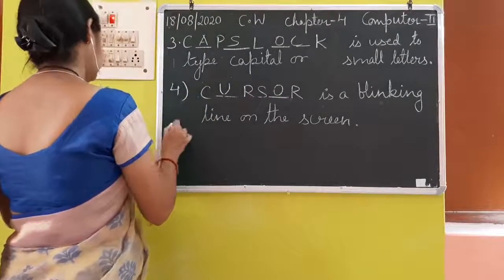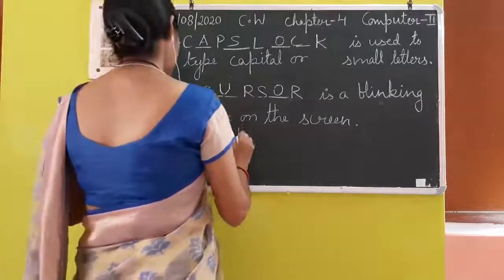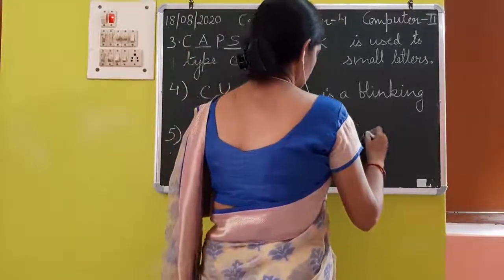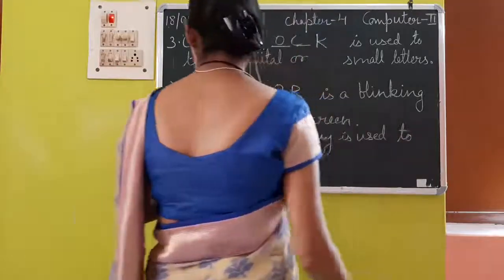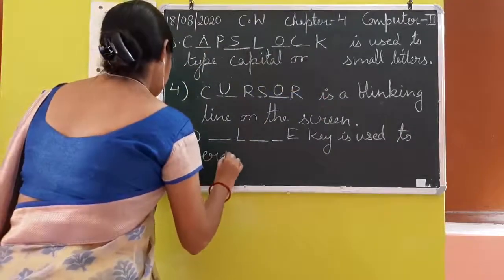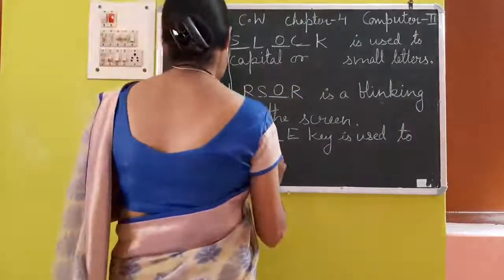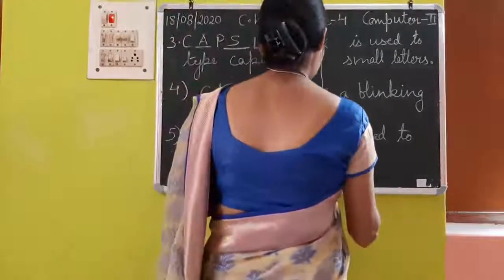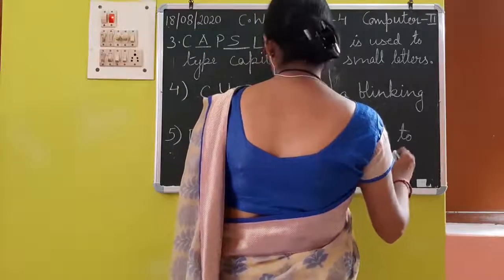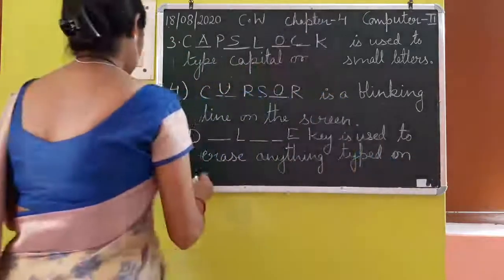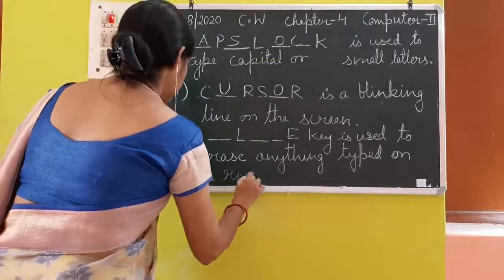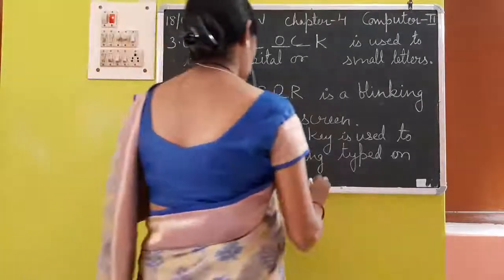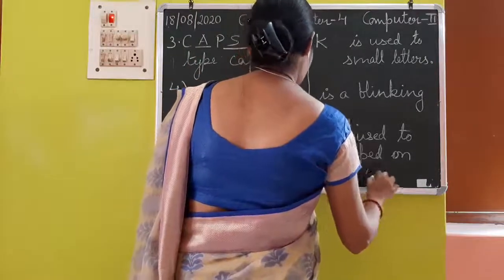Now 5. B dash L dash dash E. Key is used to erase anything typed on the right side of the cursor.